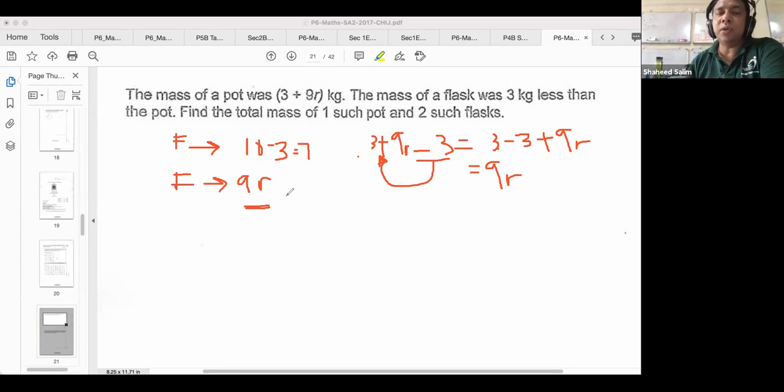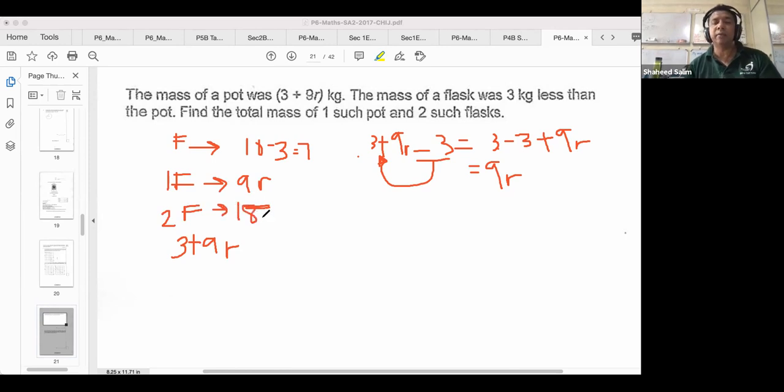Now they want to find the weight of 1 pot. So 1 pot is how much? 3 plus 9r. That is the pot. Then they want 2 flasks. One flask is 9r. 2 flasks, maybe times 2. This one times 2, you get 18r. So you plus down here 18r. 18r plus 9r is 27r.